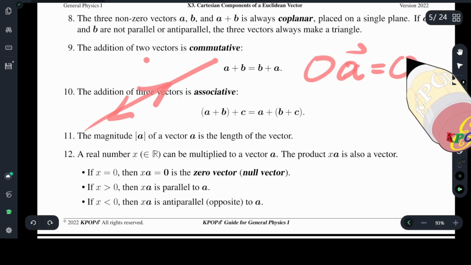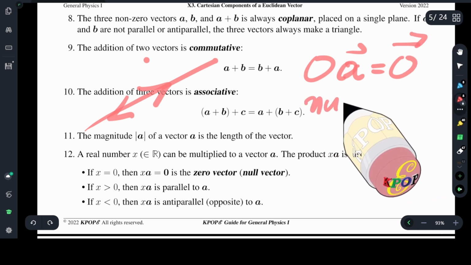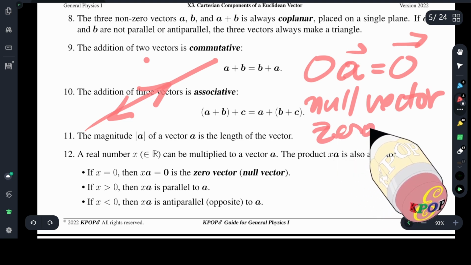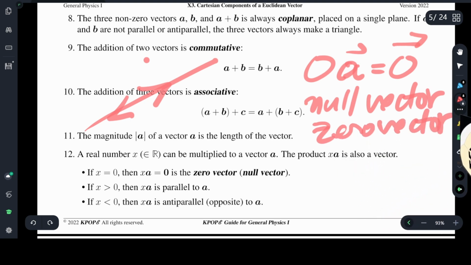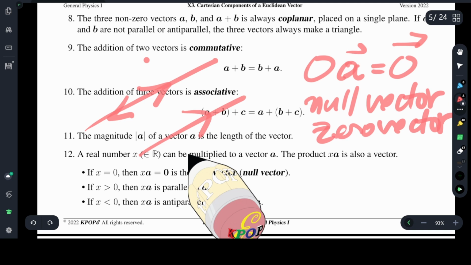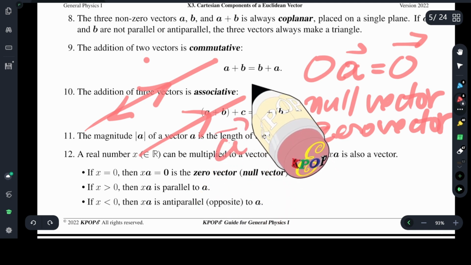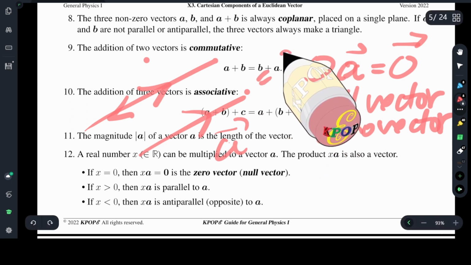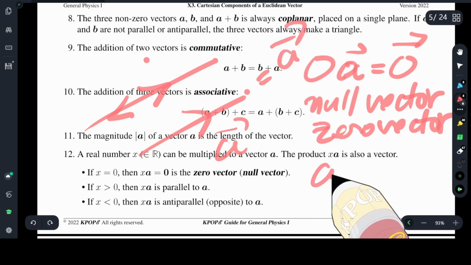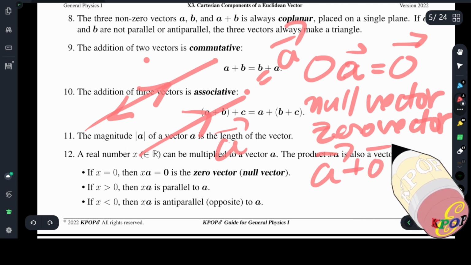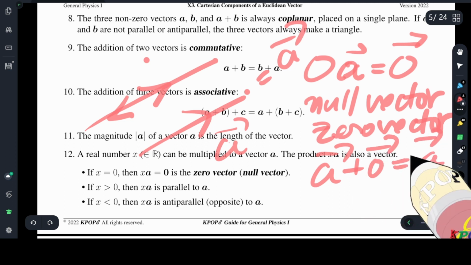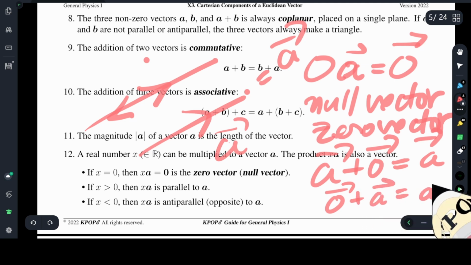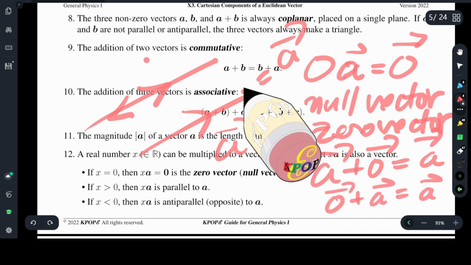That kind of vector is called a null vector or zero vector. It has no magnitude. If I add a vector to the null vector, then this is just A. So mathematicians say A plus 0 is A, and 0 plus A equals A. It's so evident.